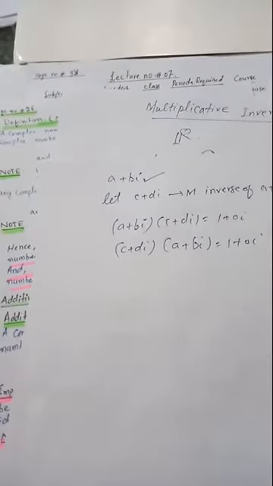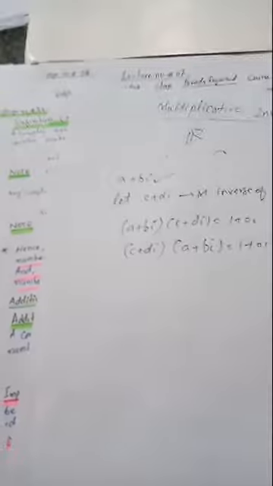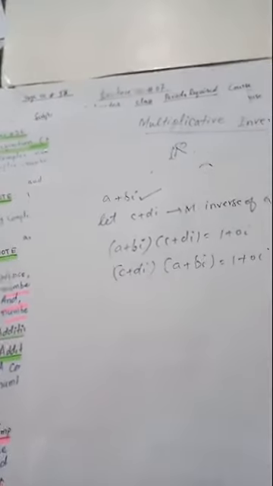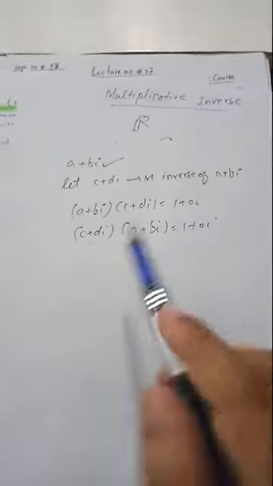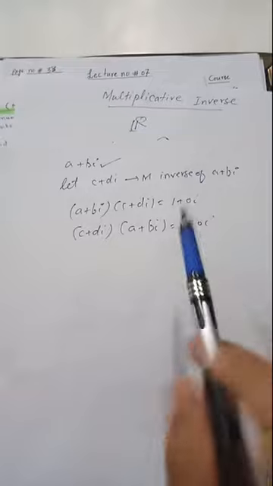Whenever you multiply multiplicative inverses, you will always get the multiplicative identity.